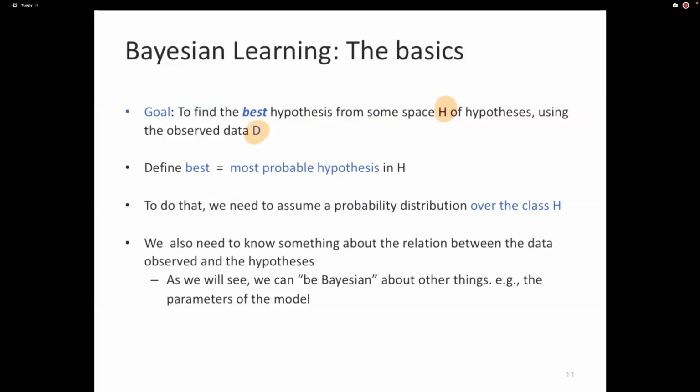More generally, it turns out that you can be Bayesian, and I have it in quotes, about other things like the parameters of the model. What I mean by that is you can assume that the parameters of the model are random variables, and you want to find the distribution over those parameters given the data set.